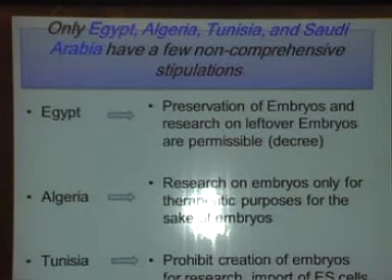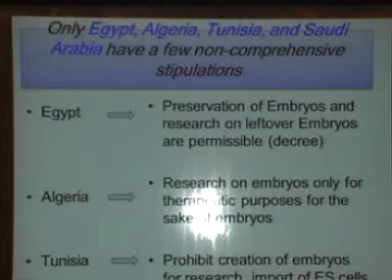According to this survey, most of the countries have not yet tackled regulation on research on human embryos or embryonic stem cell research, human cloning, or even the regulation of assisted reproductive technologies.